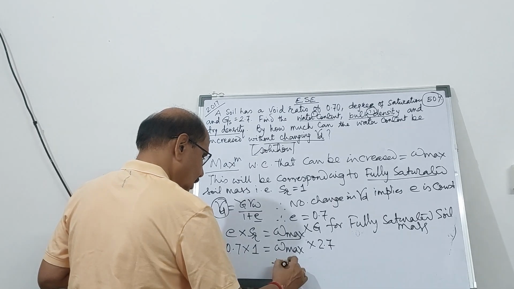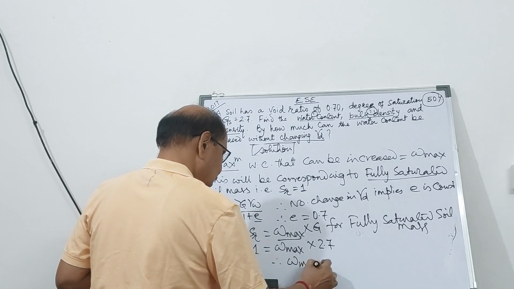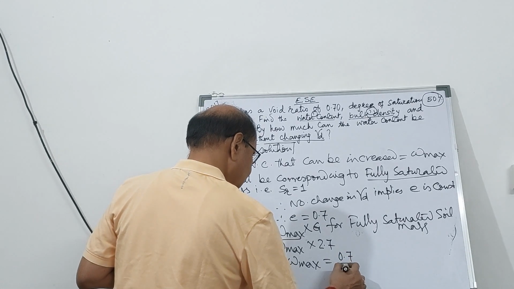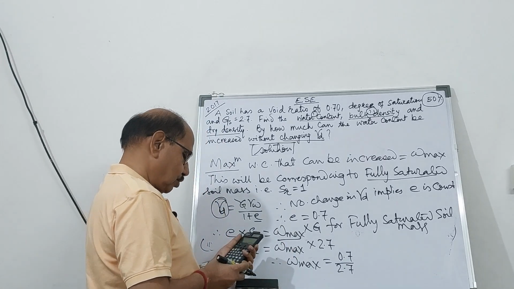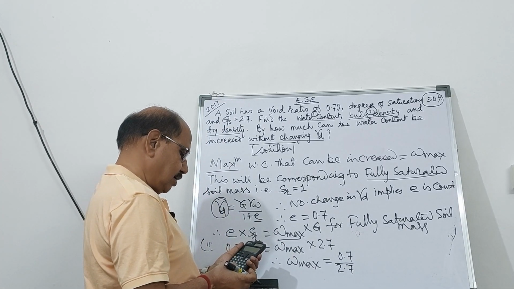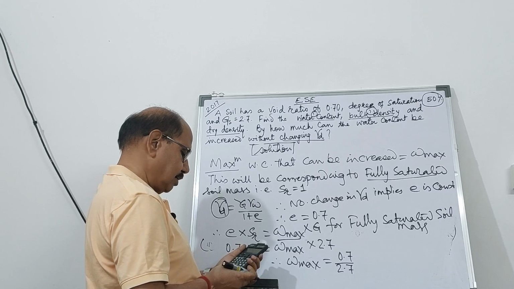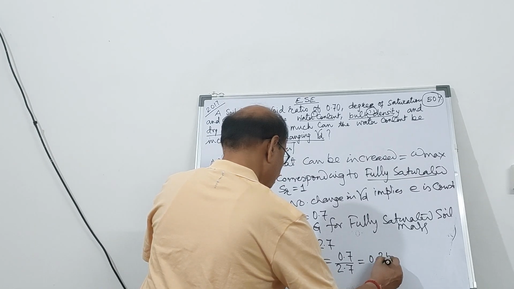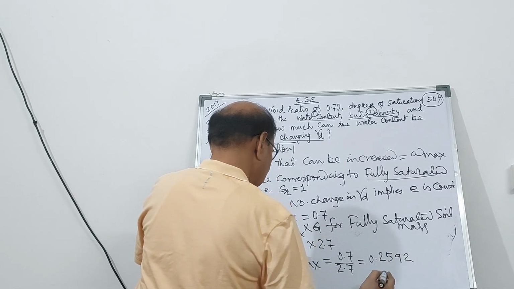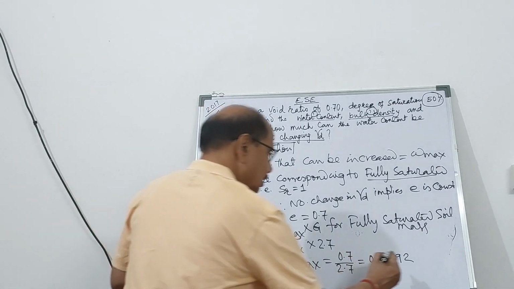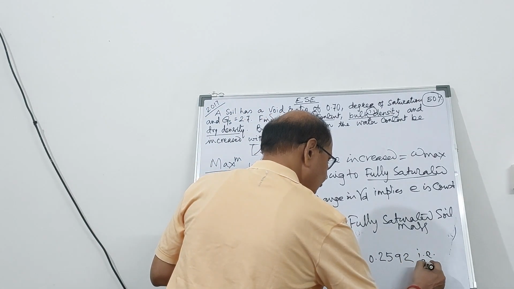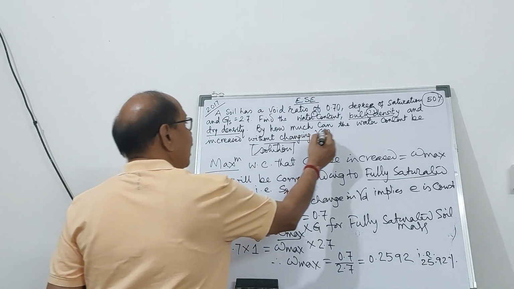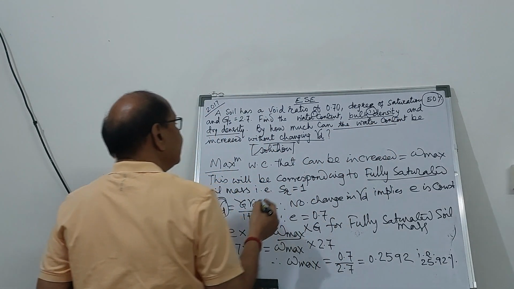Therefore, W max equals e divided by G, 0.7 divided by 2.7, which is equal to 0.2592. That is 25.92%.